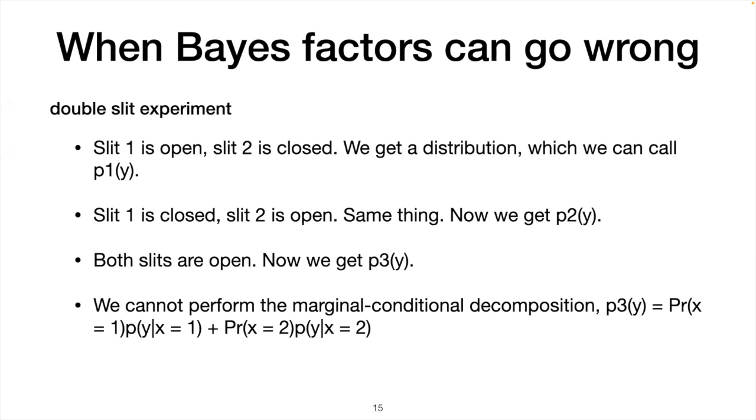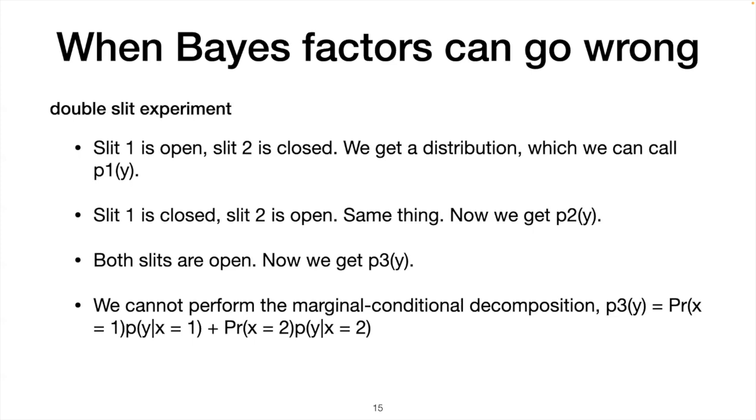You have two slits, slit 1 and slit 2, and let me call the image on the screen y, the pixels on your screen, and p(y) is the distribution of the image on the screen after the two slits.